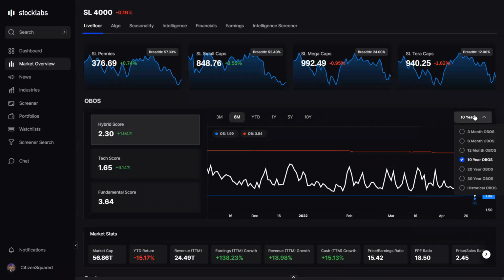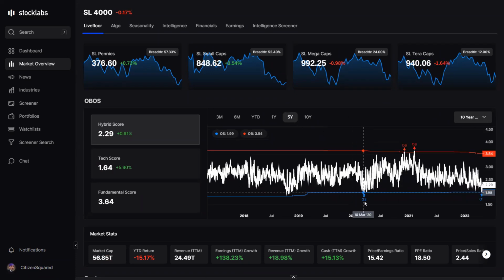So this means that using 10 years of sample data, market sample data, Stocklabs said that the market is oversold based on the amount of stress that was generated in the market on this day, and that matched the COVID lows.